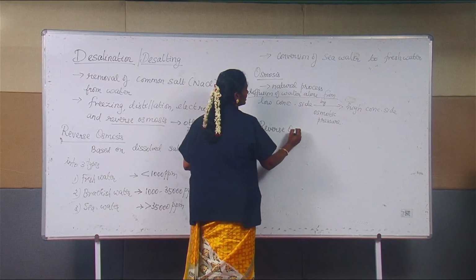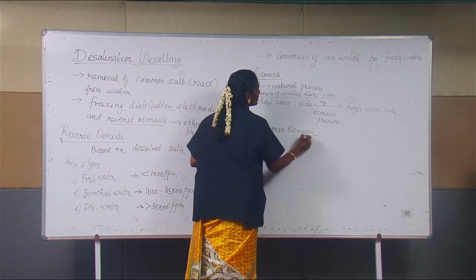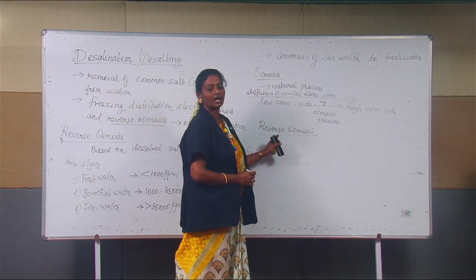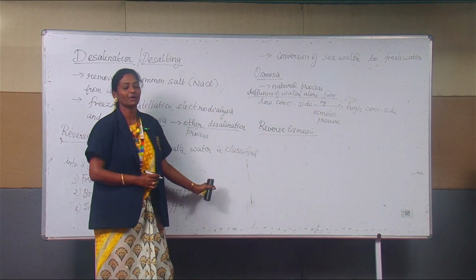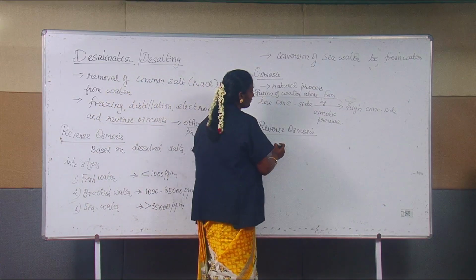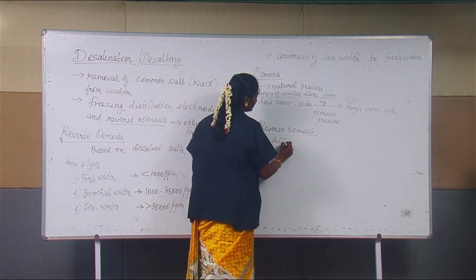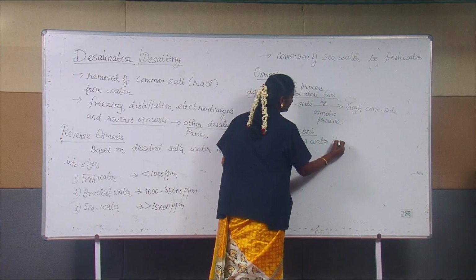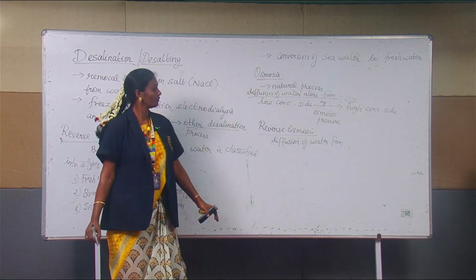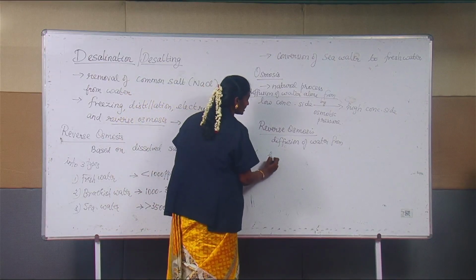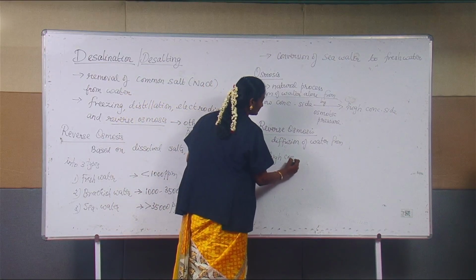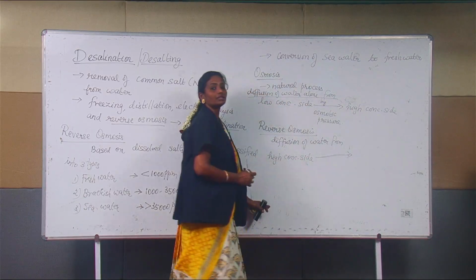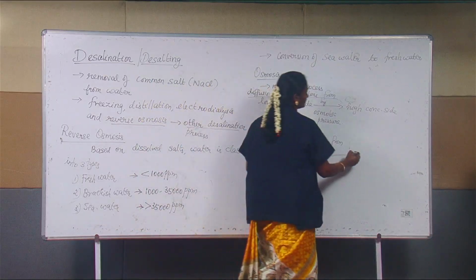Reverse osmosis is the opposite or reverse of this process. When two solutions of different concentrations are separated by a semi-permeable membrane, the water diffuses from the high concentrated side to the low concentrated side.